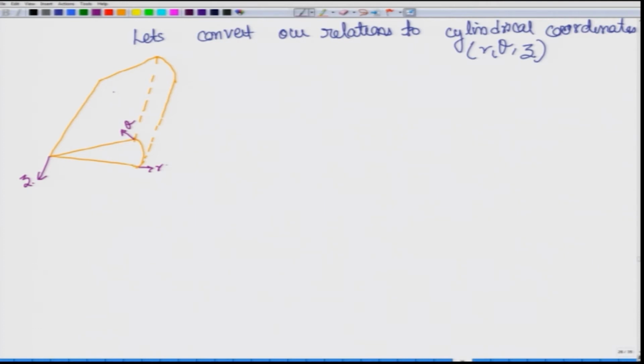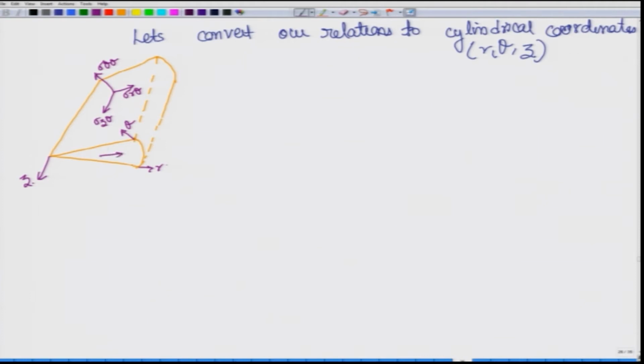If you look at this face, you will again have 3 components just like in x y z coordinates. So, this is the theta face. This is sigma theta theta, this will become sigma r theta, this will become sigma z theta. Now, this is the z face.